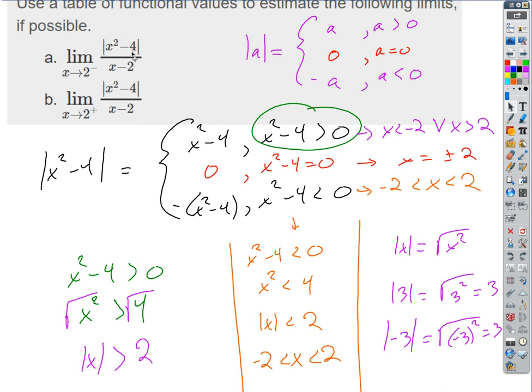So what does that look like? Well, it would be x squared minus 4 whenever x squared minus 4 is positive, and it would be the opposite whenever x squared minus 4 is negative. And here's where I think we need a little more review: how do we solve that inequality? That's not just a linear inequality, that's a quadratic inequality. So how do we deal with that? The absolute value of x squared minus 4 is greater than 0, for example.